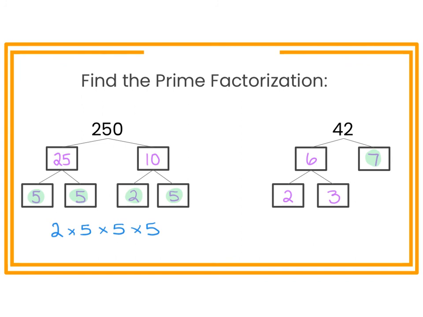Both the 2 and the 3 are prime numbers, so I can circle them. Now I am left with only prime numbers, so we can write them down below in order from least to greatest. 2 times 3 times 7. The prime factorization of 42 is 2 times 3 times 7.